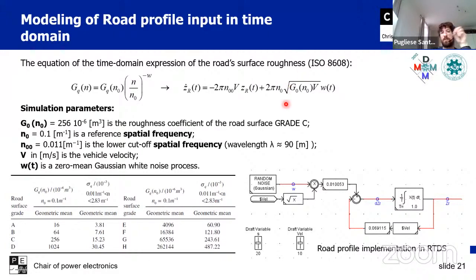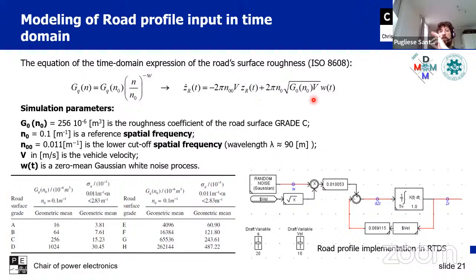This first order filter will change based on the grade of the street, so the roughness of the street. So we will change this parameter. There are grades A, B, C, D, and so on. Changing this parameter in this first order filter, we will have all the possible representations of the street for that specific class of street.